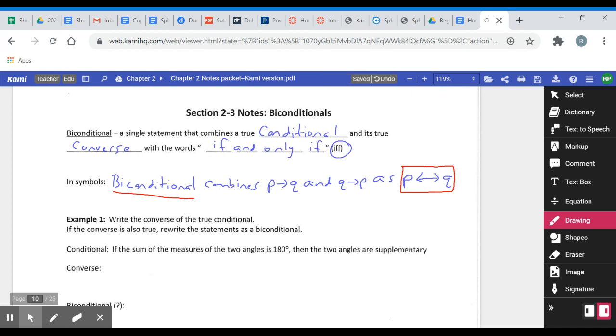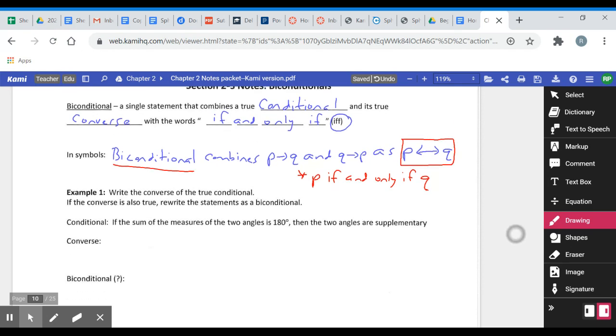And again, what that means is P if and only if Q. I'm going to write that underneath. Okay, so that's what we're going to go over a little more about, an example of a biconditional and that kind of thing. But again, P if and only if Q is what that is referring to.